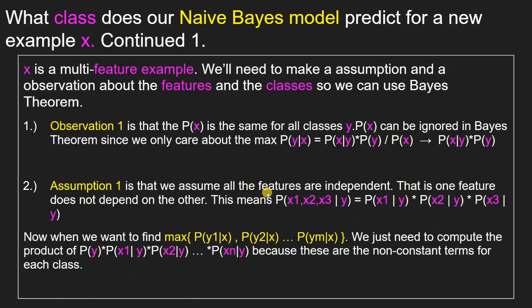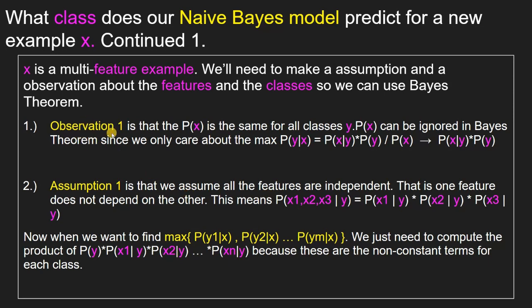So what class does our naive Bayes model predict for a new example x, continued? x is a multi-feature example. It has the feature dense, the feature discolor, and the feature open. So it has three features. To compute the conditional probability of y given x, we'll need to make an assumption and an observation about the features and the classes so we can use Bayes theorem.